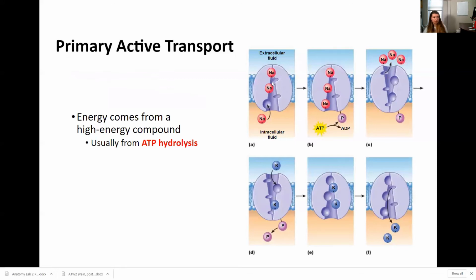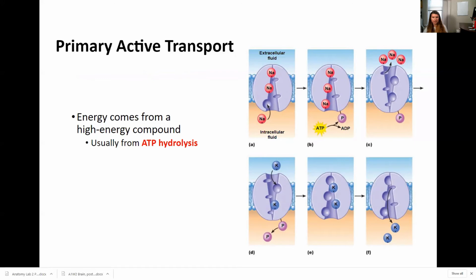And what we were just tracing with our sodium-potassium pump was primary active transport. So when we have this enzymatic reaction breaking down ATP, that is primary active transport. So if you see ATP being used to push something against its gradient, you're looking at primary active transport.